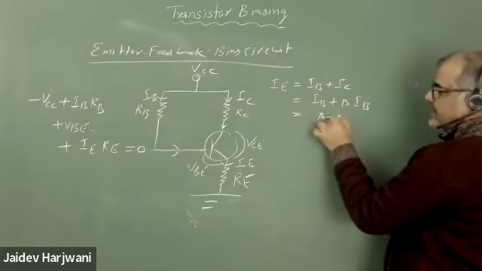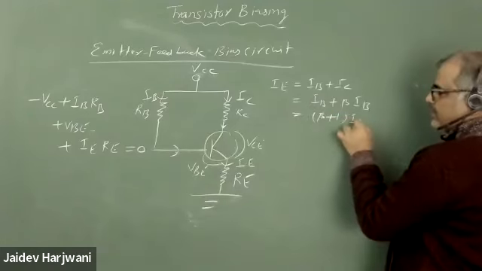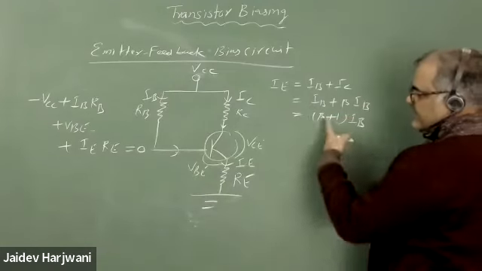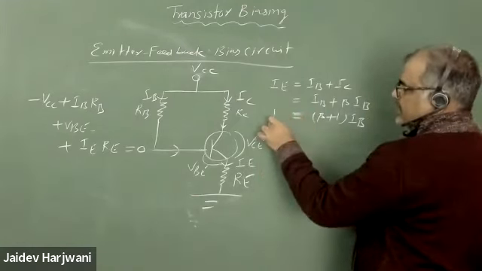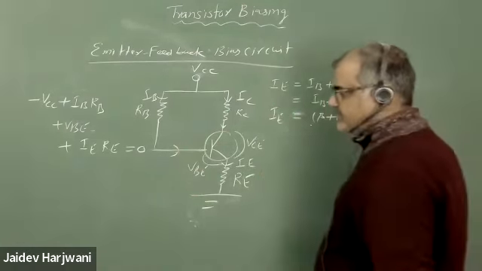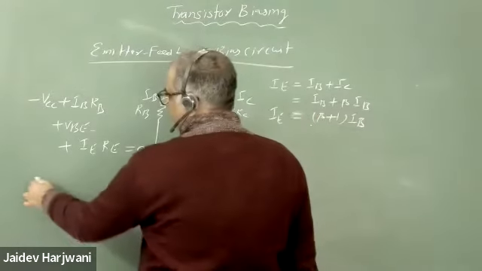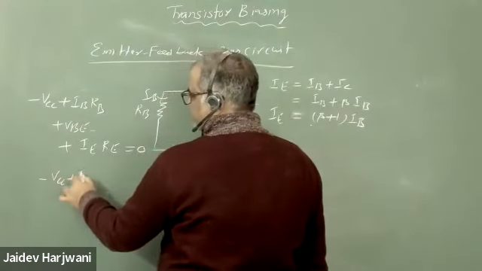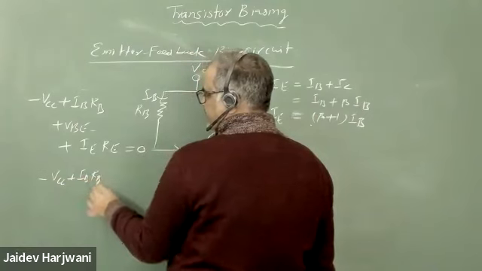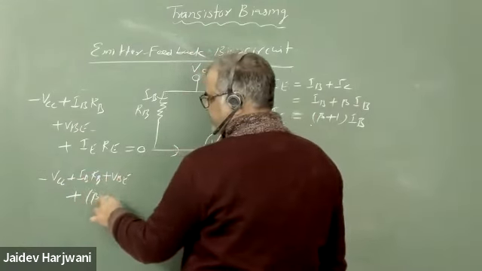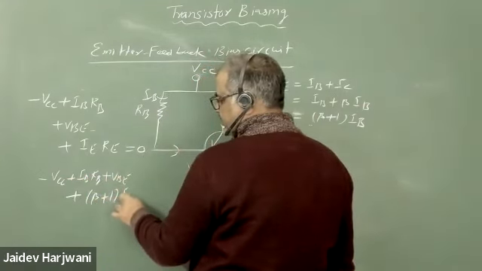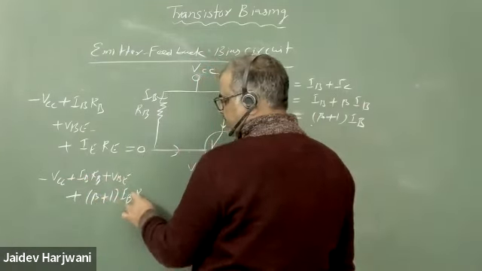So I can write IE equal to beta plus 1 times IB. Beta is very high, so you can also neglect 1 if you want. So this is your IE, and I can put it here. So I now have minus VCC plus IB RB plus VB plus beta plus 1 IB RE.